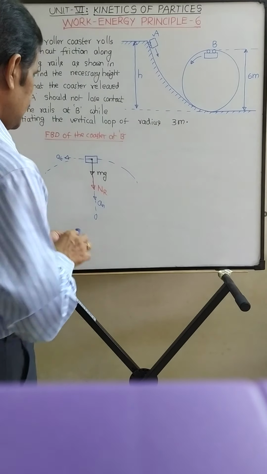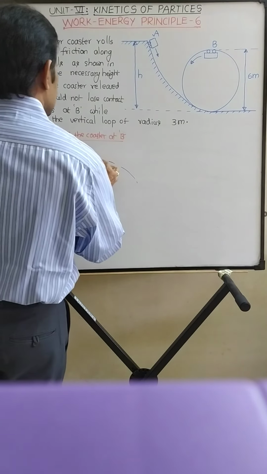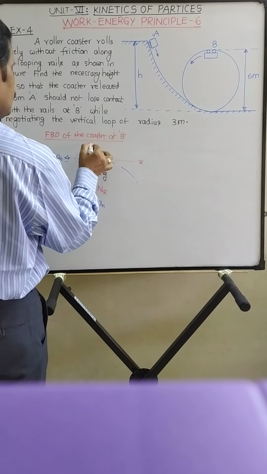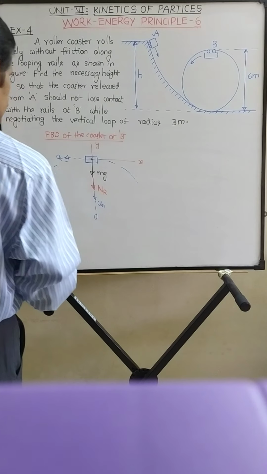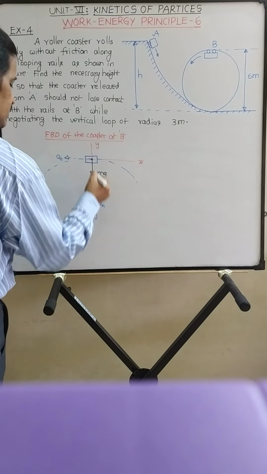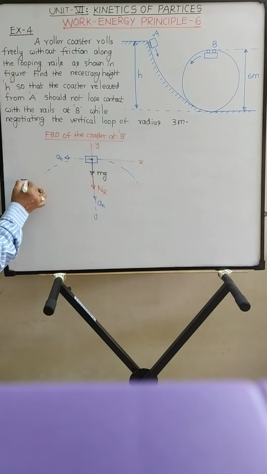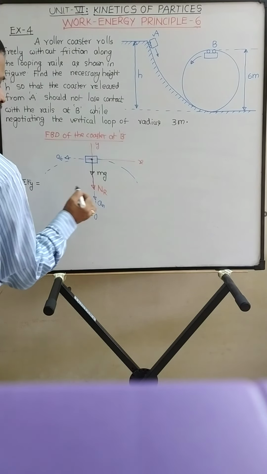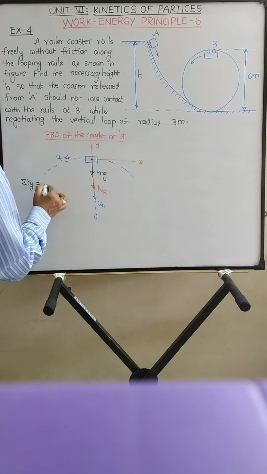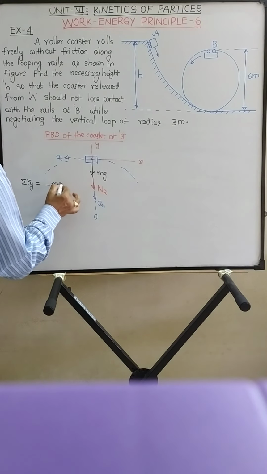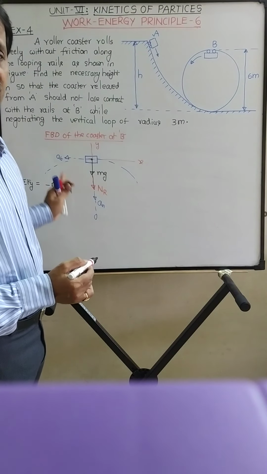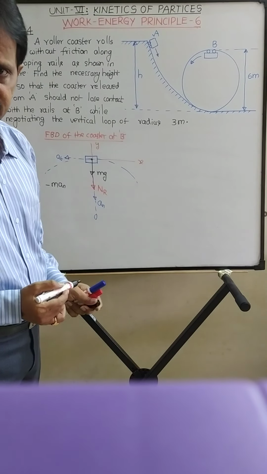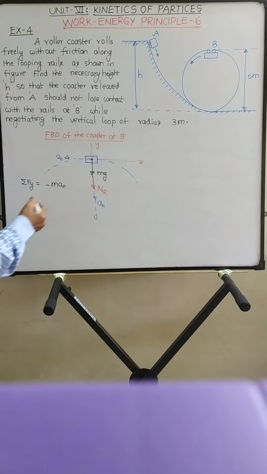Right. Now taking x-axis horizontally, y-axis vertical. So using Newton's second law of motion in y direction, that is summation F_y is equal to m into a_n. a_n is acting downwards, so it is minus m a_n. Newton's second law of motion states that unbalanced or resultant force is equal to mass into acceleration in the direction of the force.